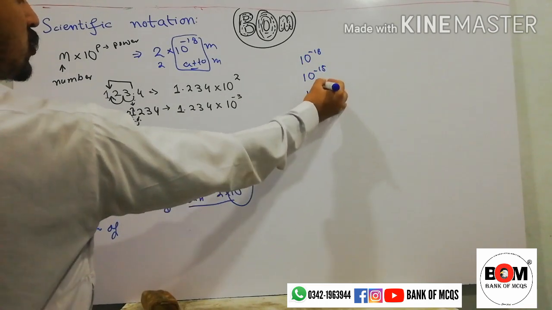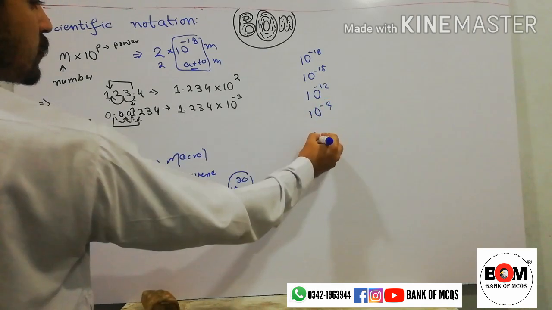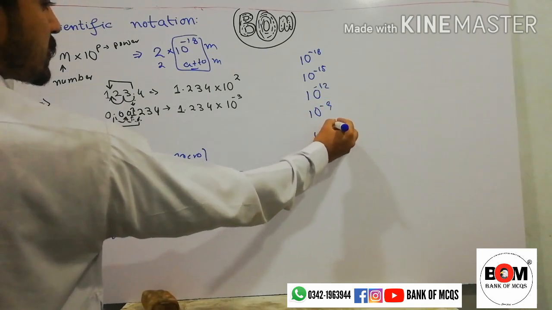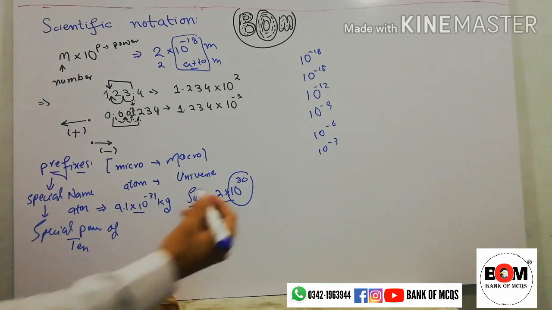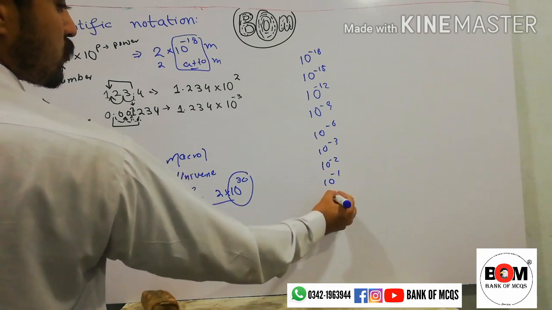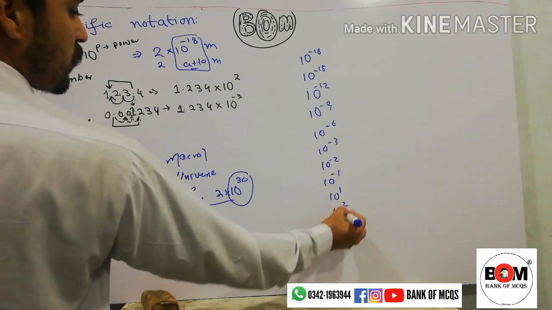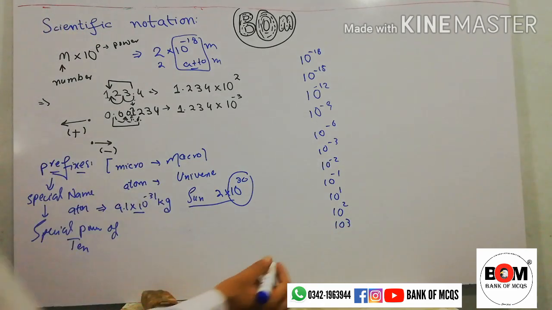We will decrease: 3 fours are 12, 3 threes are 9, 3 twos are 6, 3 ones are 3. Now coming to 3, we will start with the numbers 1, 2, 3. So this is 10 raised to the power minus 2, minus 1, 1, 2, 3, and reaching 3, we will again start the multiples of 3.